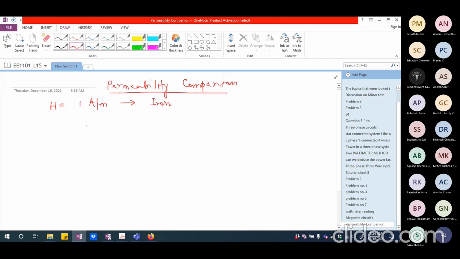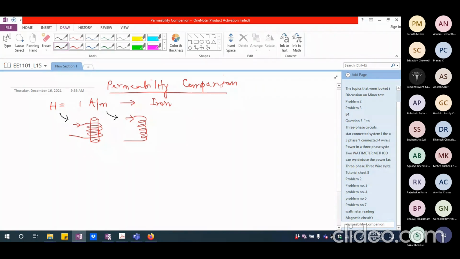That is, let's say I have a piece of iron around which I have wound a winding, and I'm applying to this magnetic field intensity of 1 ampere per meter. And in another case, I'm just having the same winding in air, and I'm trying to apply the same H of 1 ampere per meter.